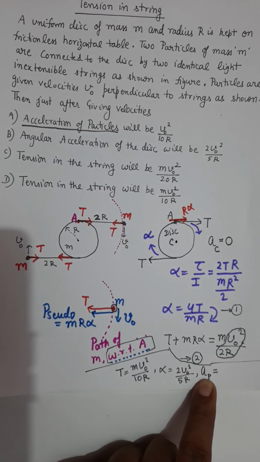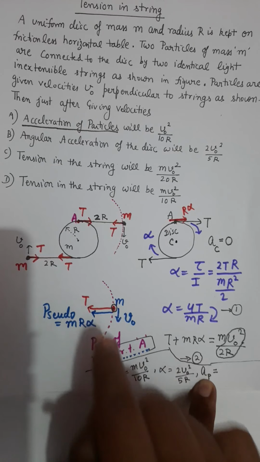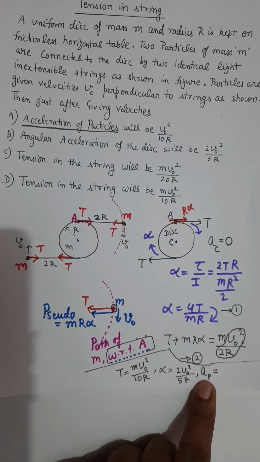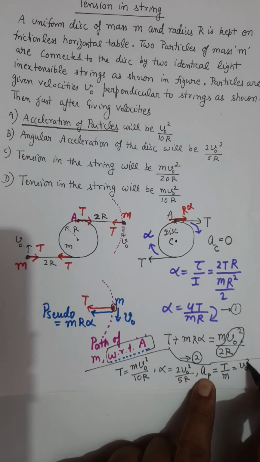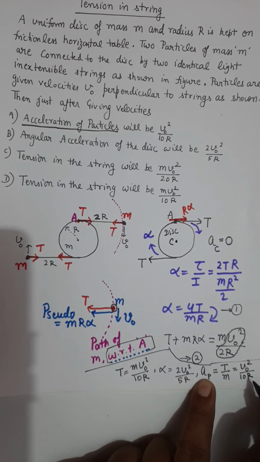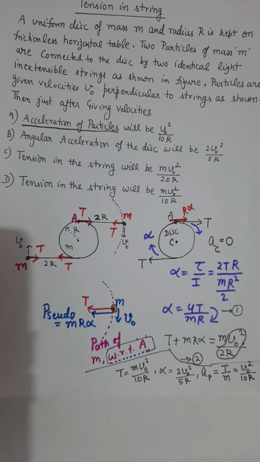The only real force on the particle will be capital T. Since the real force on the particle is capital T, the acceleration of the particle will be T over m. And if it is T over m, you get v0 square divided by 10r as the answer for the acceleration of the particle. And that means option A, option B and option D are the correct options for this question. Thank you.